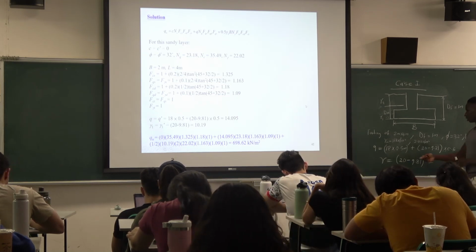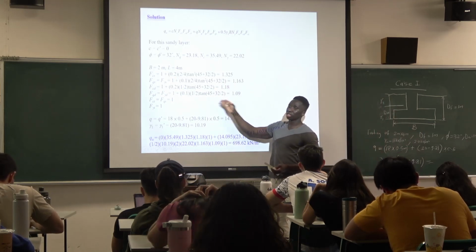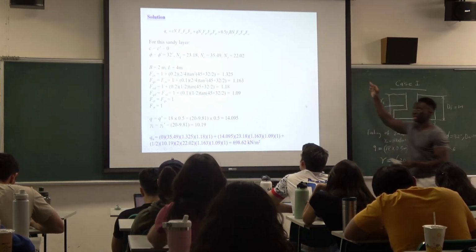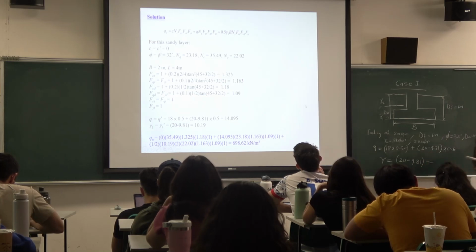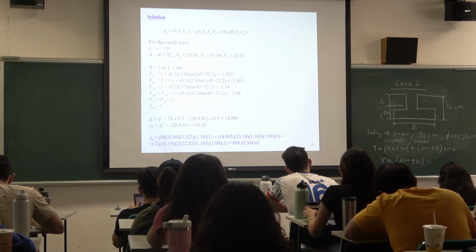So once you get these two values, the gamma and the Q, since these ones are the same as the previous values we got earlier, you just substitute in your equation and then repeat the same process. And then you will get exactly the result as it is there.